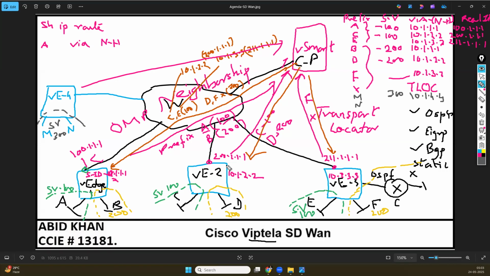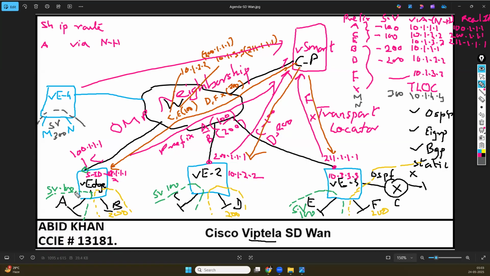So that means, from this, what we can understand, there is no communication between two different service VPNs. Each service VPN is like a separate VRF by default. So there will be no exchange of routes between two service VPNs.